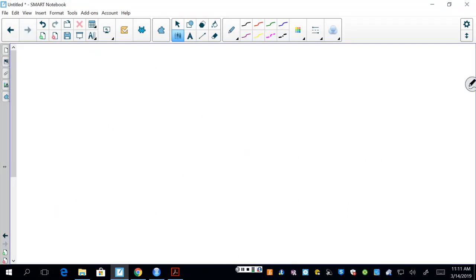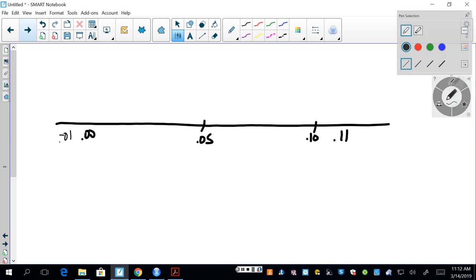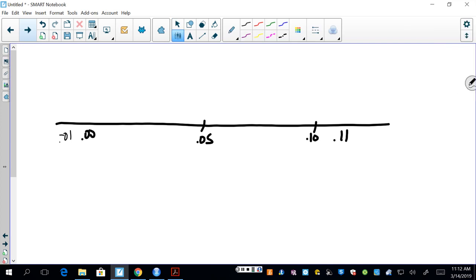If you try to draw densities related to this, do a number line here, negative 0.01, 0, up to about 0.11, 0.10. The one that's centered at 0.05, that second stock is quite variable.